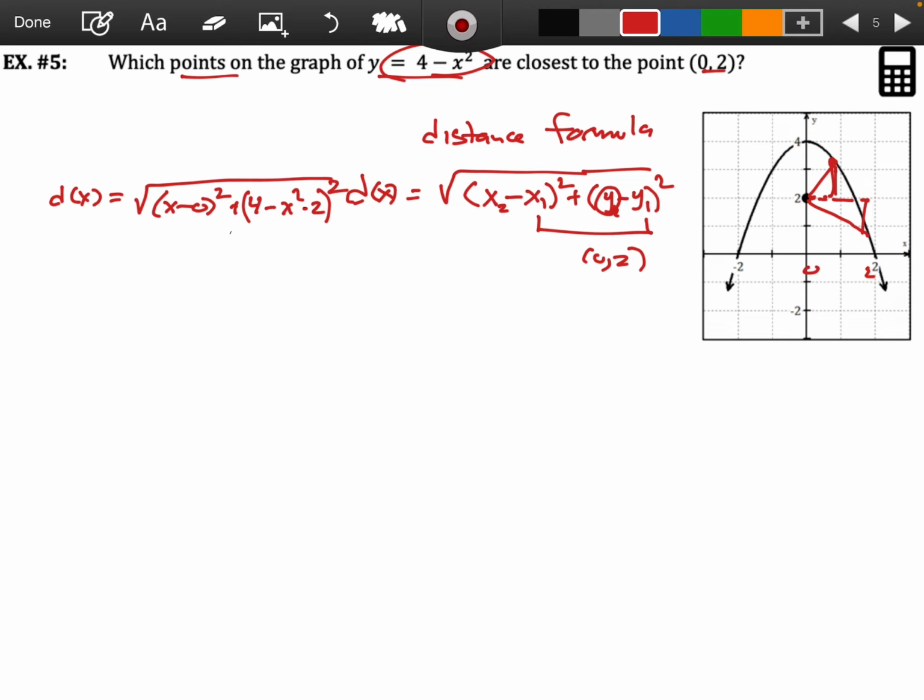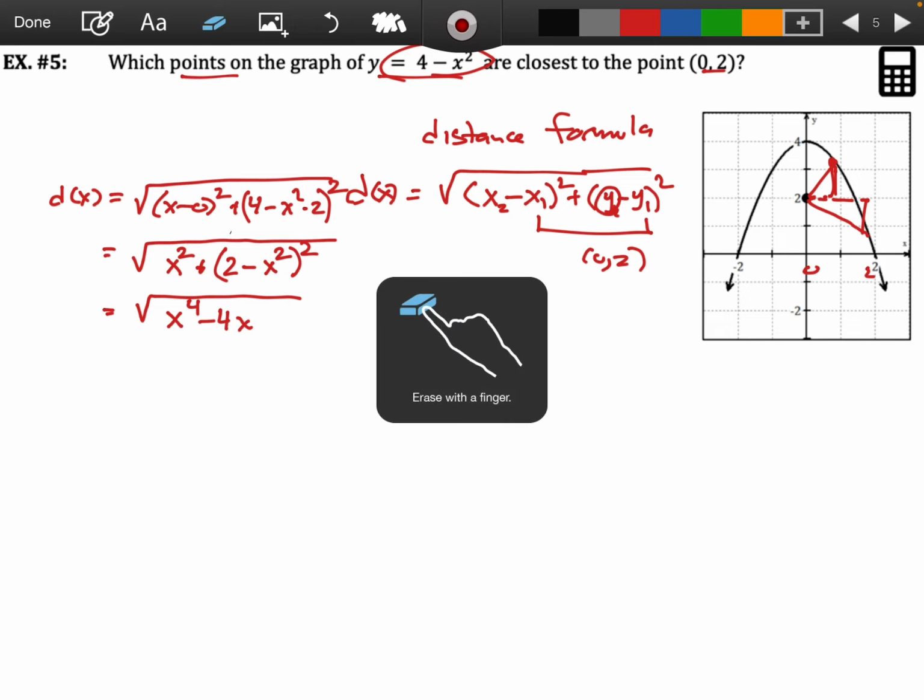Now we have our distance formula, and we're just going to simplify this to make it a little bit easier. This is going to become x squared plus (2 minus x squared) squared. And if we simplify that further, we're going to end up getting x to the 4th minus 4x squared.